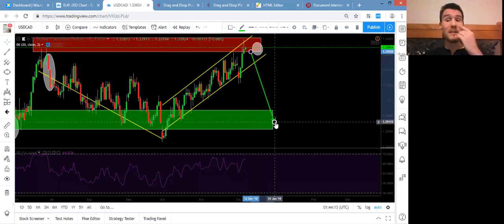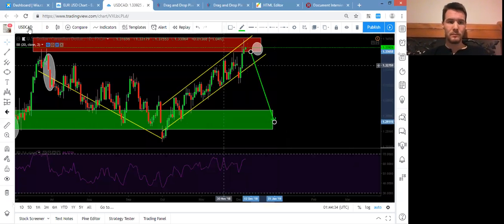Now, the US dollar has been strong. However, it needs to retrace. The dollar, remember, we're in a dollar pair, USD CAD. You need to look at the DXY or the dollar index to see how the dollar is performing. Maybe we should do that.